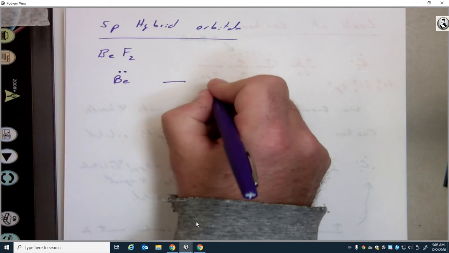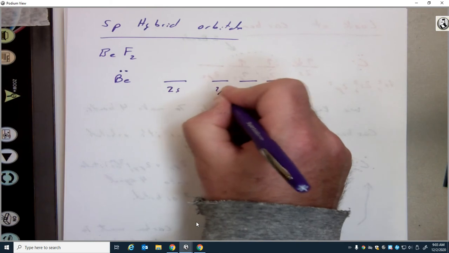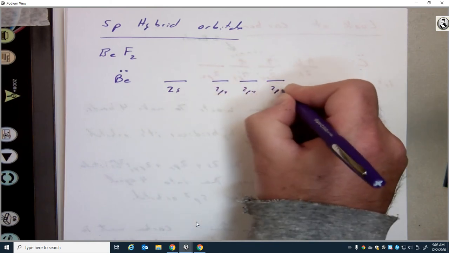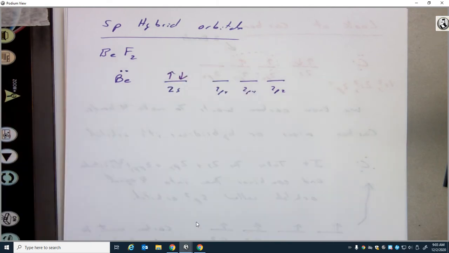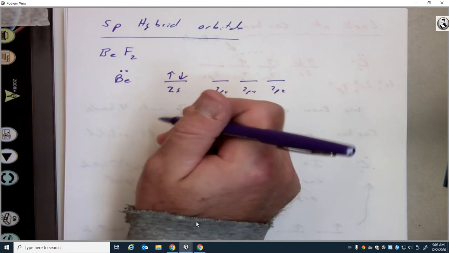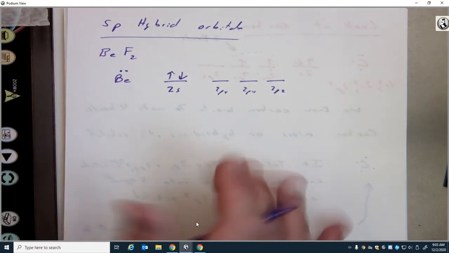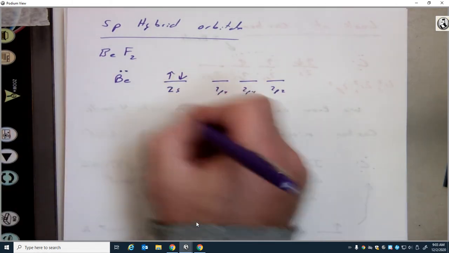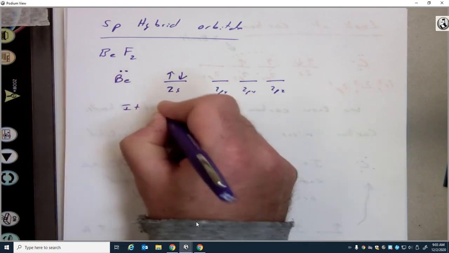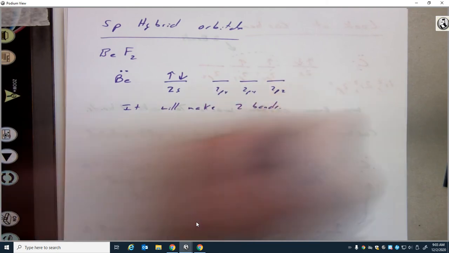Well, if we look at its electron configuration, 2s, 2px, 2py, 2pz, it doesn't even look like it wants to make bonds. It's happy. It has an electron. It's very happy. But it does. It will make two bonds. The question is, how does it do it?